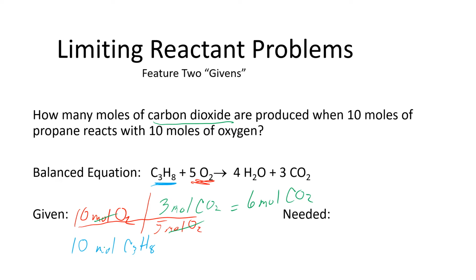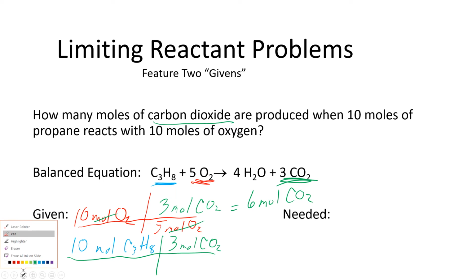And now we'll compare that to what we can get from 10 moles of C3H8. We will still have 3 moles of CO2 from the balanced equation, but this time on the denominator we're taking the 1 mole of C3H8, and then 10 times 3 is 30, so that'll make 30.